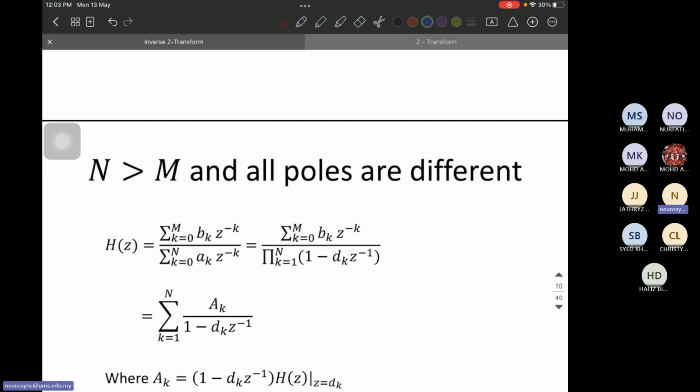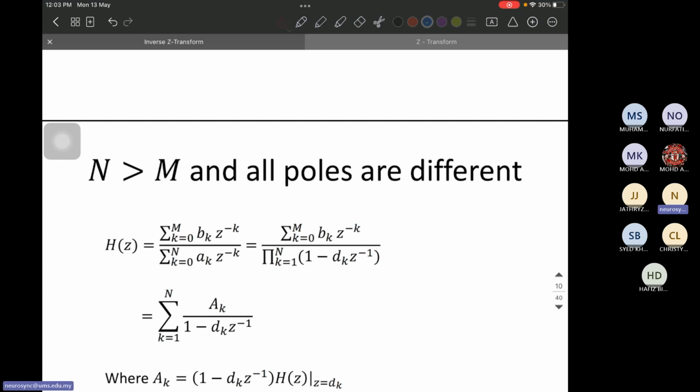Now this form we can also write like this: summation from k equal to 1 to N of a k divided by 1 minus d k into z to the power minus 1.